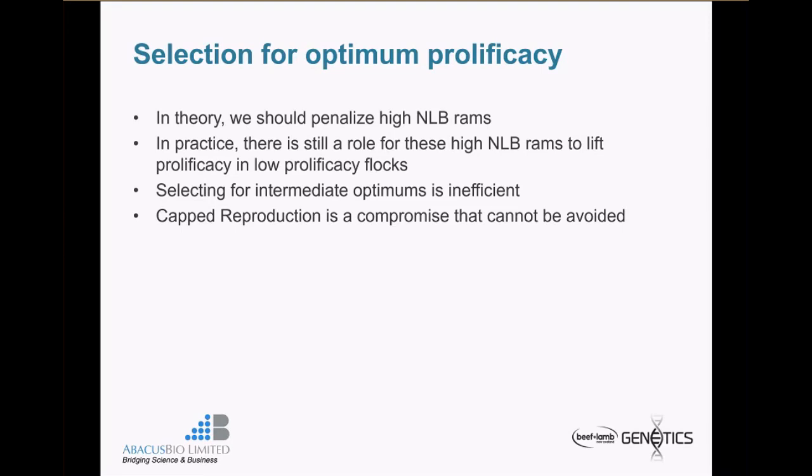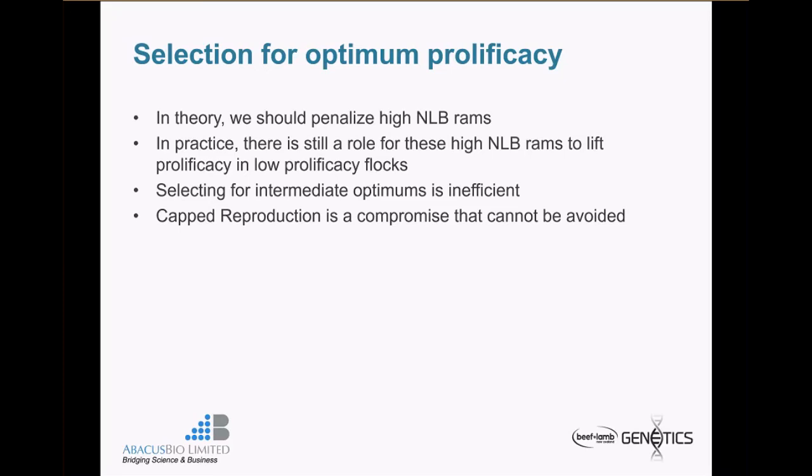There's another reason as well, in that selecting for what we call an intermediate optimum, so penalising low NLB rams and penalising very high NLB rams, is a little bit pointless if you don't want to move the population anywhere and you're happy to have a little bit of a range.